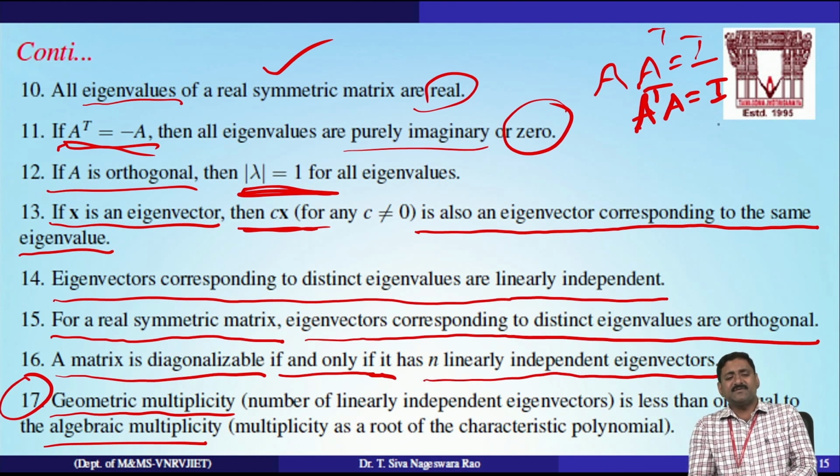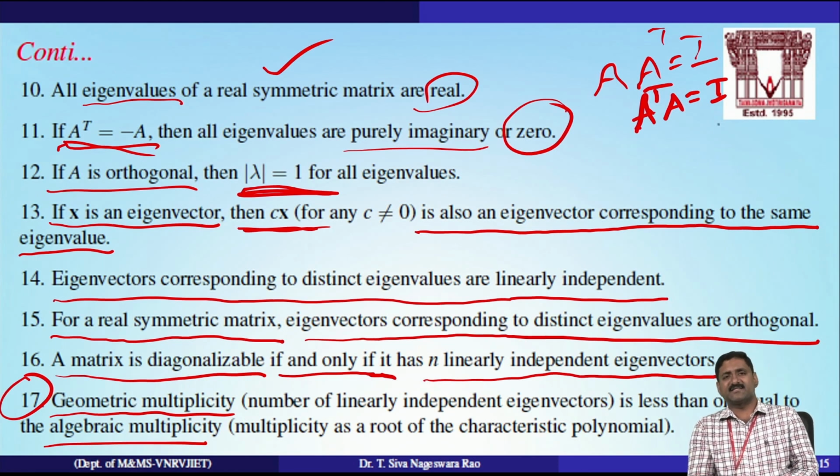What is the algebraic multiplicity of 1? 1 only. Why? The eigenvalue 1 is repeated only one time. What is the algebraic multiplicity of 2? 1 again, because it is repeated only once. What is the algebraic multiplicity of 3? Only 1.